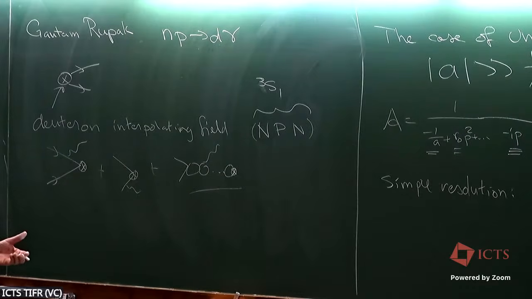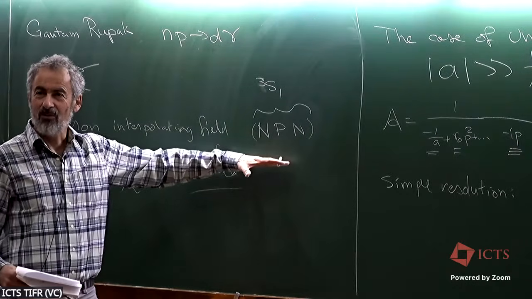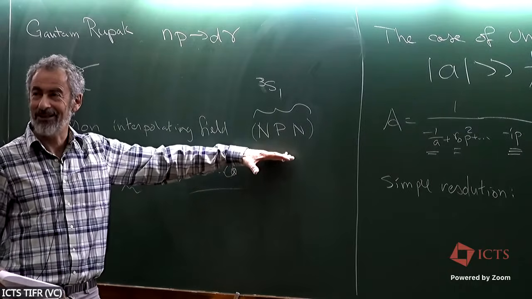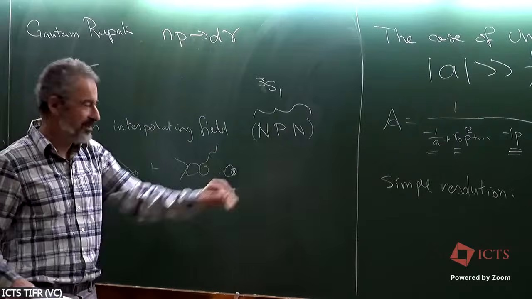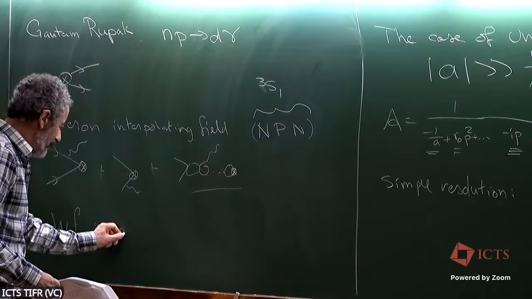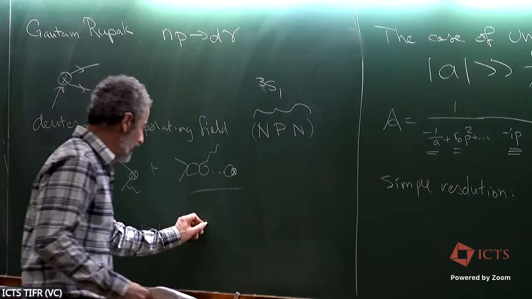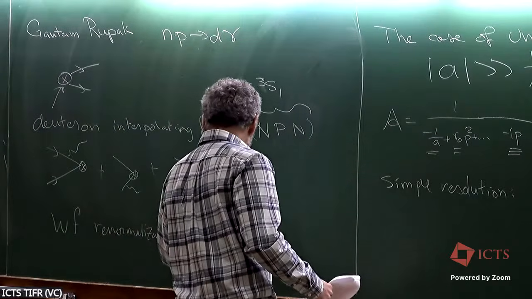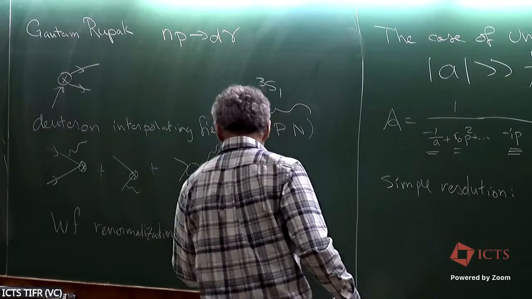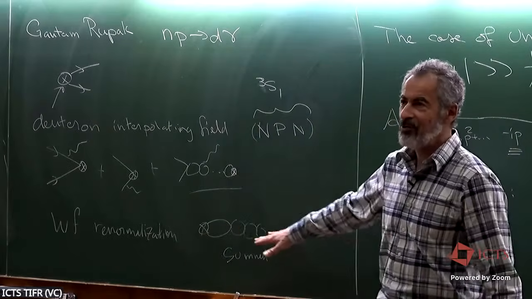But then, of course, you need to make sure that you're dividing out by the wave function renormalization, which is a fancy way of saying dividing out by the probability that this actually creates a deuteron. So for the wave function renormalization, you have to look at the amplitude for this thing, the sum of all these diagrams, to have a pole at the right place with the right residue, right?